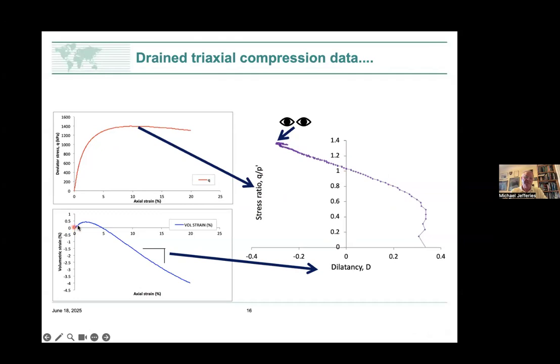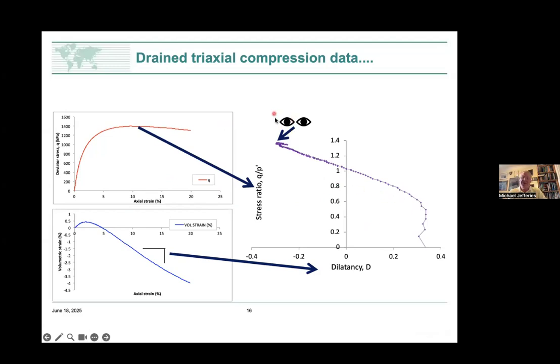The second one we have to process is the volumetric strain graph. Here, we need to take the gradient of that graph, which is the dilatancy D. So we've got to differentiate that, and we just do it numerically. Gradient is simply one point minus the next point, delta y over delta x. And that gives you a stress dilatancy graph that looks like this.